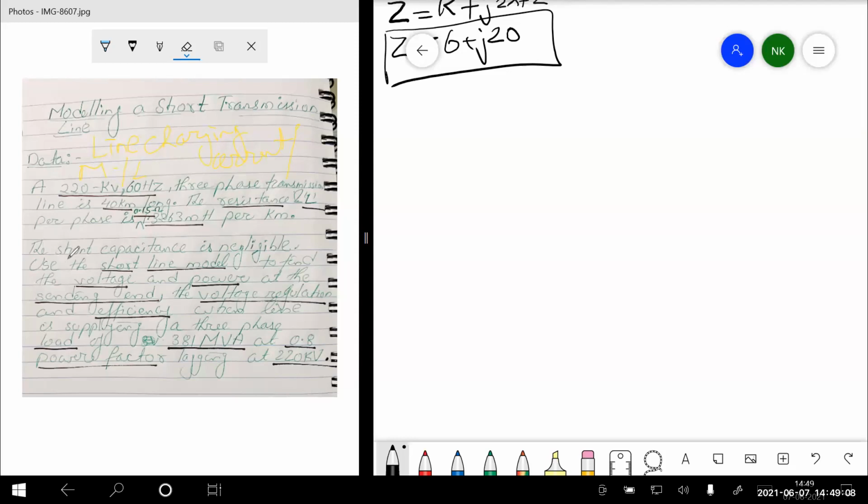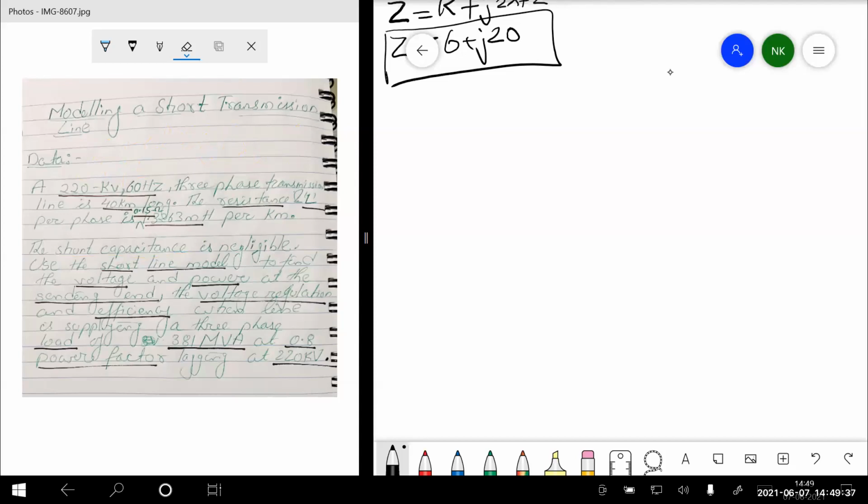That's why the shunt capacitance is negligible or is not there. We do not consider it in a short line, that's why we do not consider it in modeling or designing that part. That is why only R and L values are given. There is no C value. R and L values are given, C value is not given, so we will not use it.